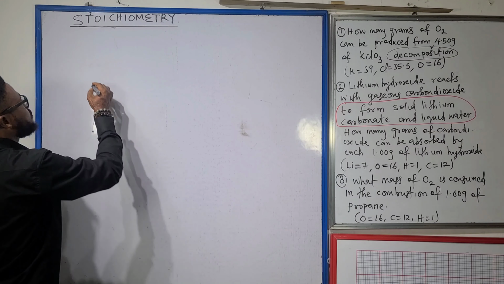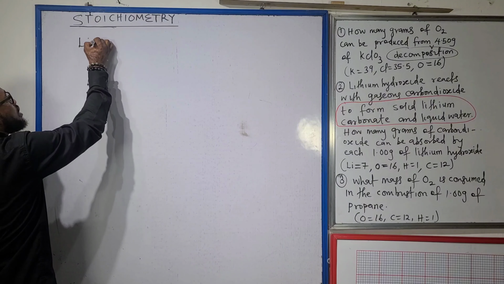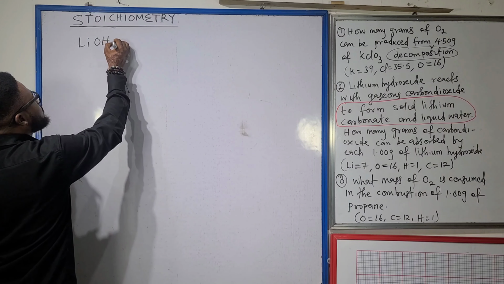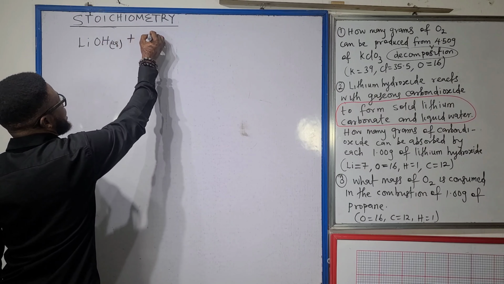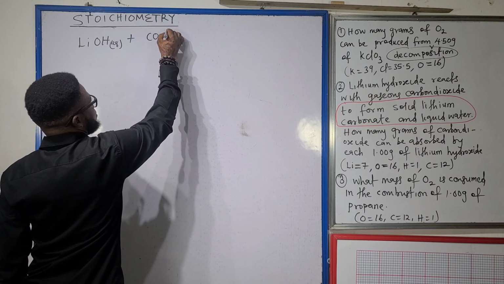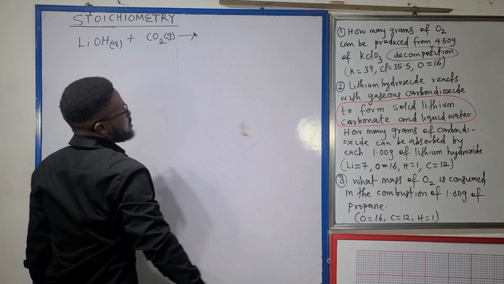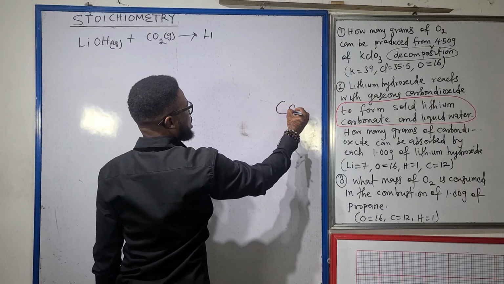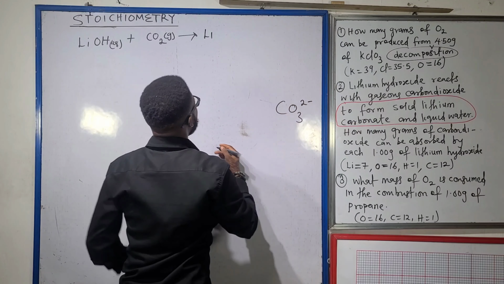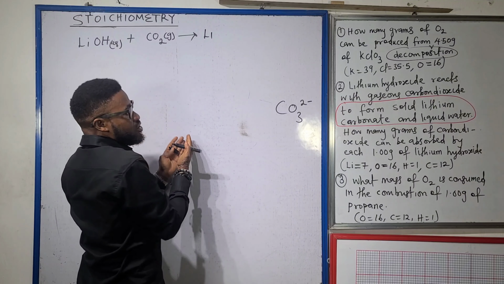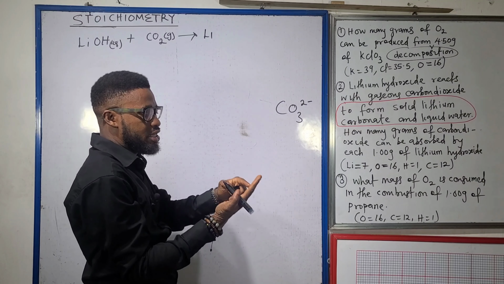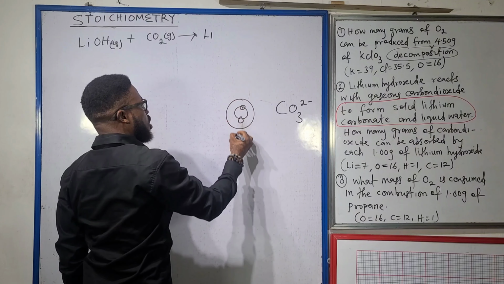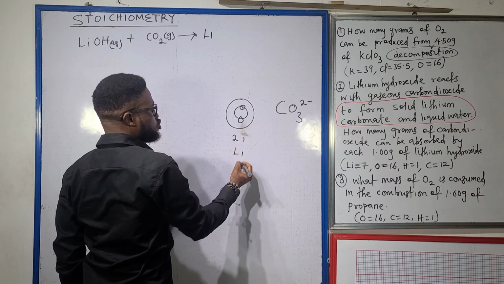Lithium hydroxide reacting with gaseous carbon dioxide to form, as you were told, lithium carbonate. Carbonate is CO3 2 minus. Lithium is your third element: hydrogen, helium, lithium. Lithium looks like 2 1.